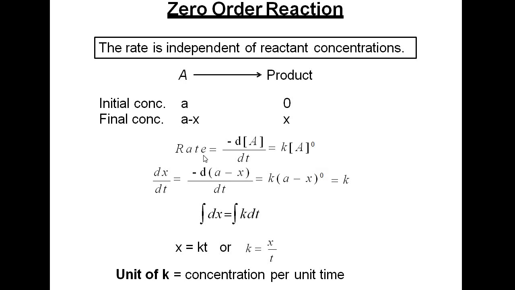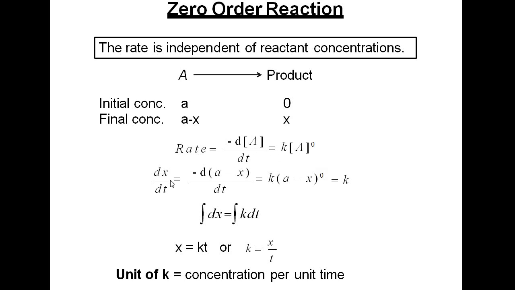Then according to rate law, rate is equal to minus d[A] upon dt, which is equal to k[A] raised to power 0, because the order of the reaction is 0.